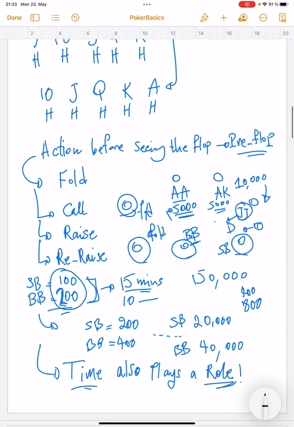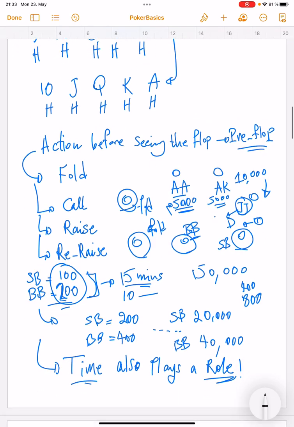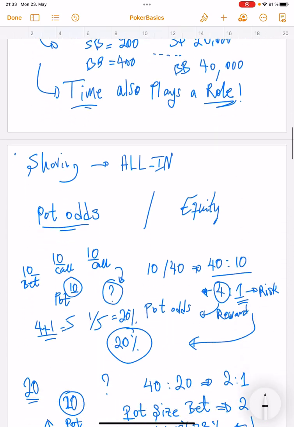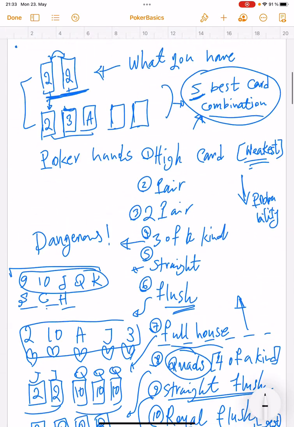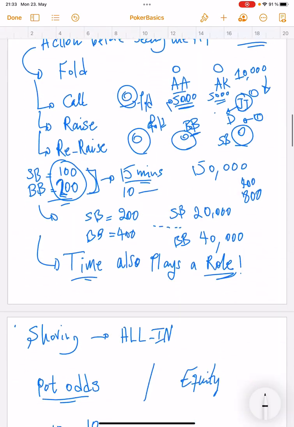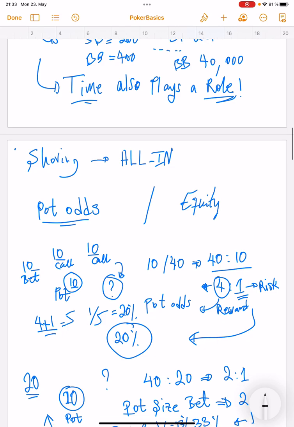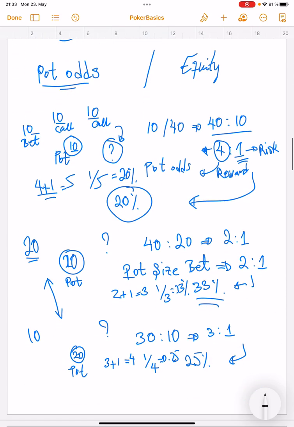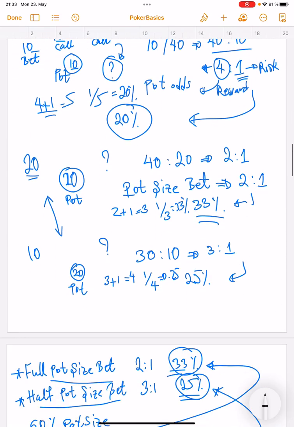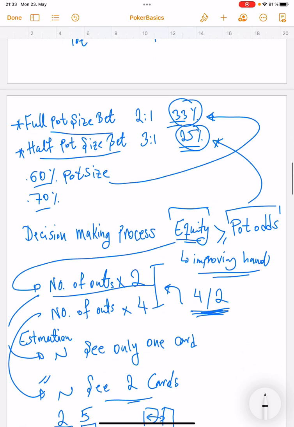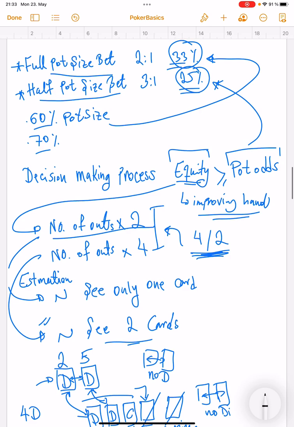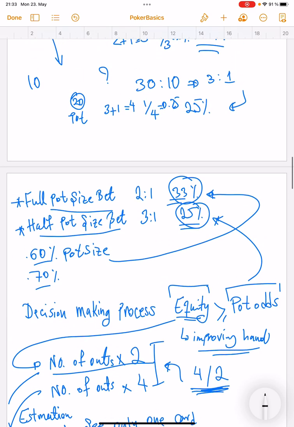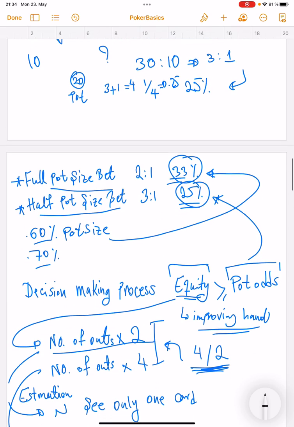We talked about actions on pre-flop, and we gave some terminology like shoving, small blind, big blind, and dealer, and probably some other stuff as well, which I don't remember. We have also pot odds and equity. We talked about how we calculate them. We talked about two very important percentages which you have to bear in mind. It should be like breathing, you don't think about your breathing.